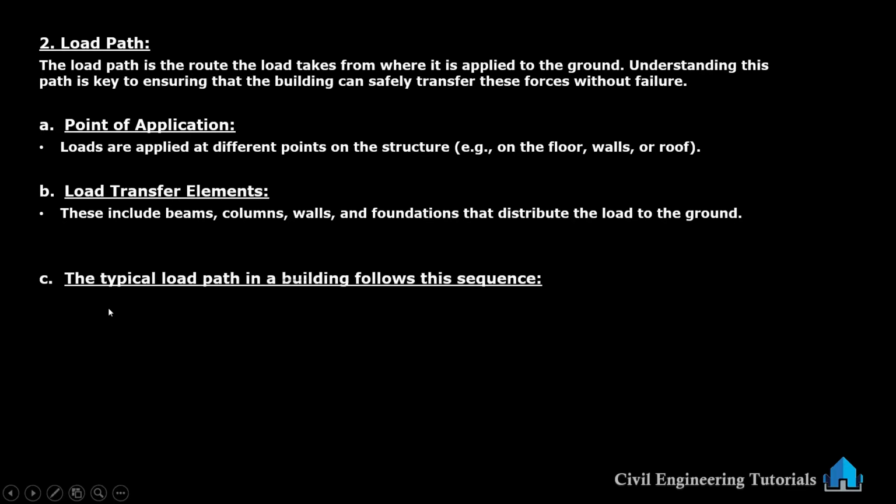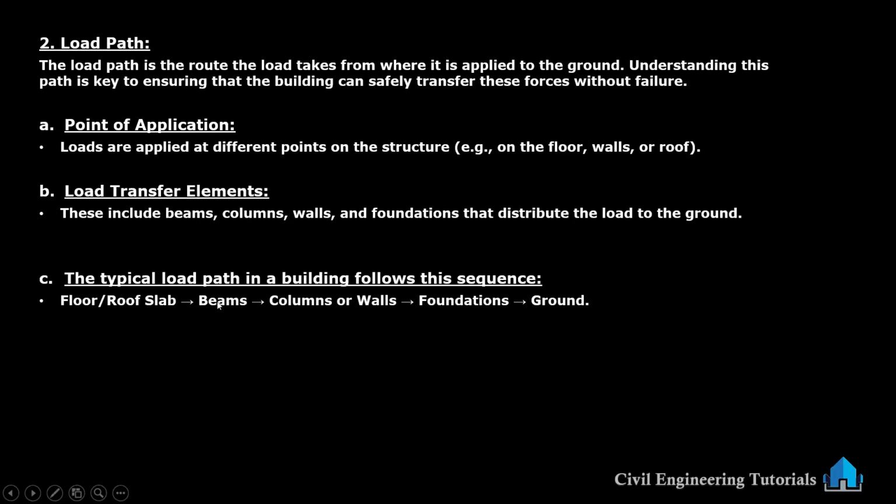The typical load path in a building follows this sequence. See? Floor, roof slab. So either from the floor or from the roof slab, the load goes to beams. If it is the ground floor, then from the floor the load is going. If it is the first floor, then from the roof slab, the load goes to beams.